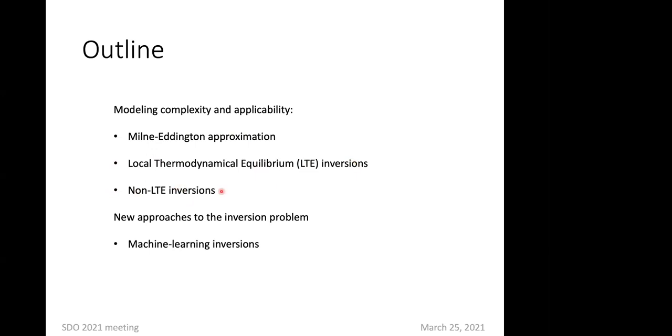And then I'll talk a little bit about non-LTE inversions for spectral lines formed in the chromosphere of the sun. And then at the very end of the talk, I'll give you just a tiny glimpse about what people are doing by applying machine learning techniques to the inversion problem lately.